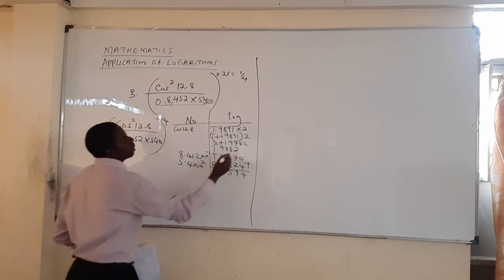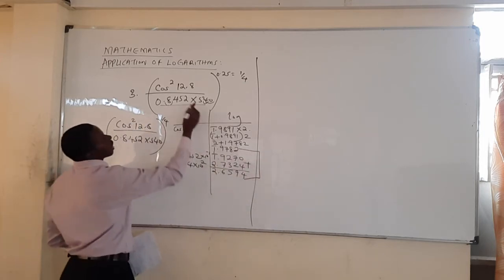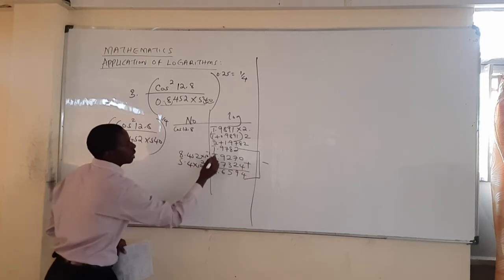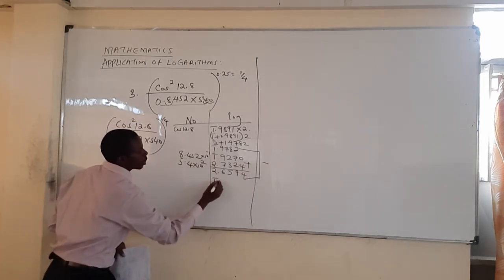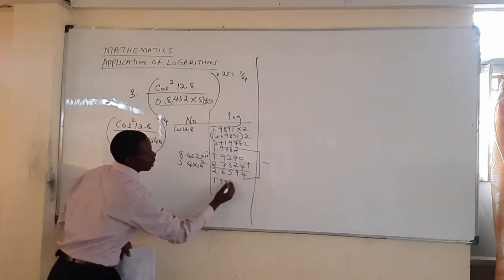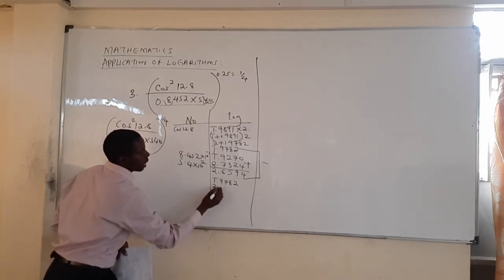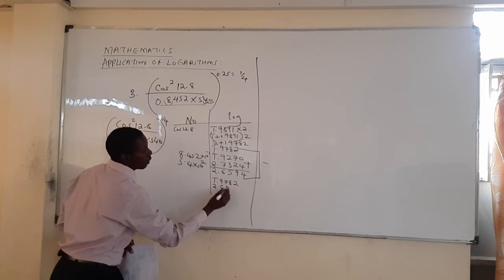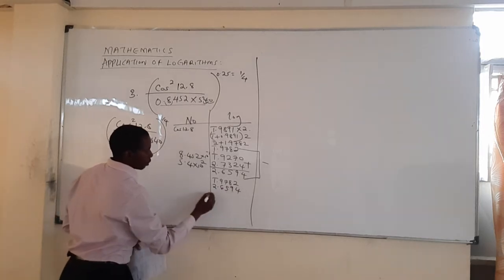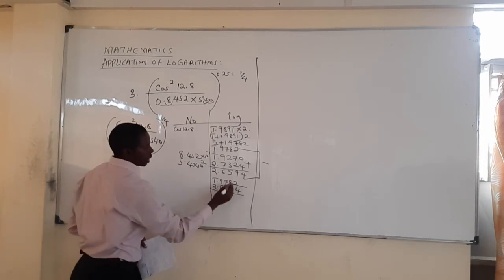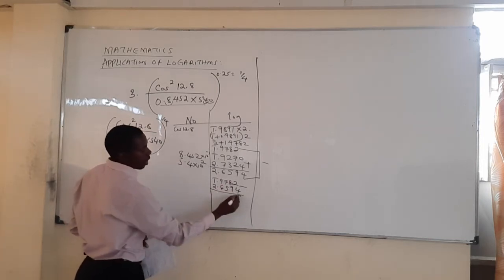Then you have the numerator and the denominator. We have division, so we subtract. So you get bar 1.9782. We subtract the denominator, 2.6594. So we subtract: 12 minus 4, 8.